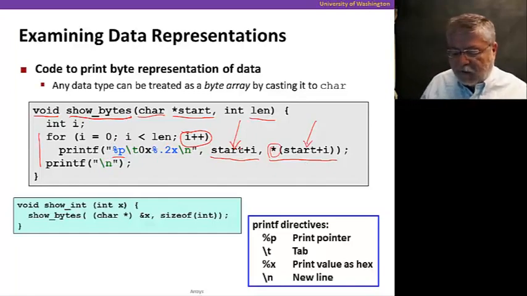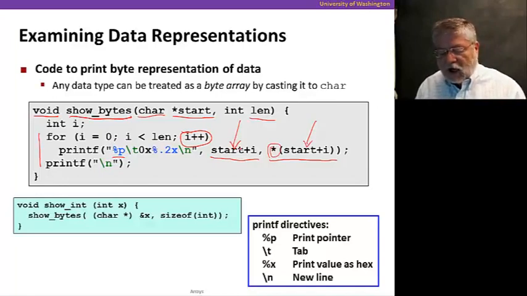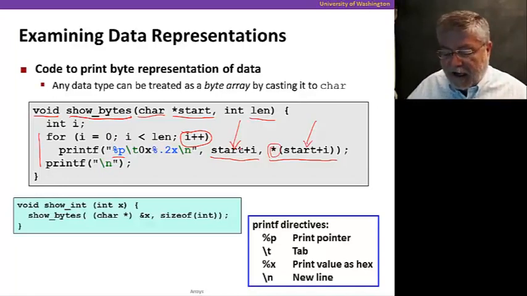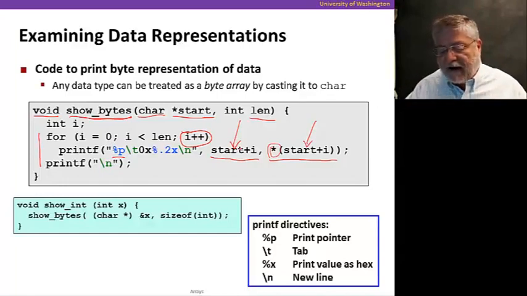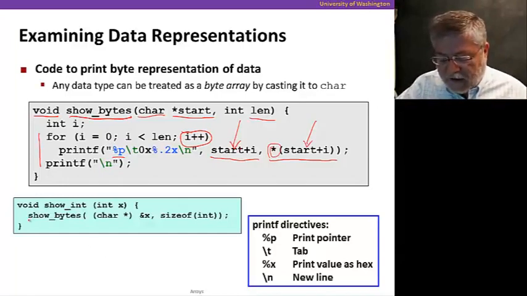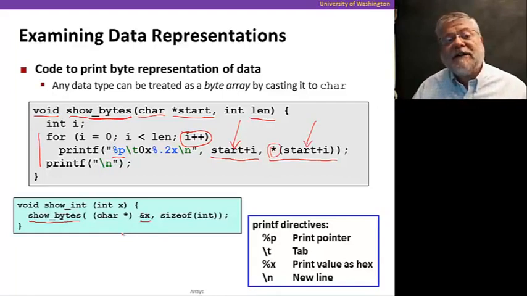Okay, so that's a pretty nice little function, and we can call it with anything actually, even integers, not just characters, because when we call it here, showing an example of another function that's going to show integers, we can call showBytes by casting the address of the integer as a character address.